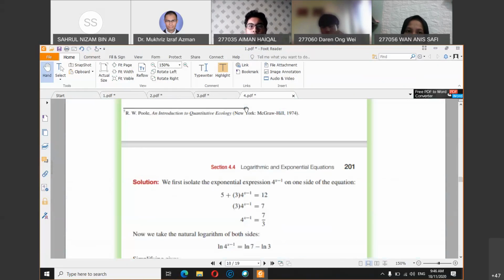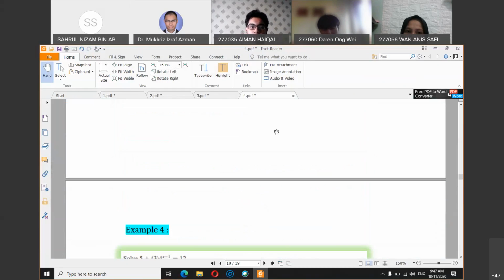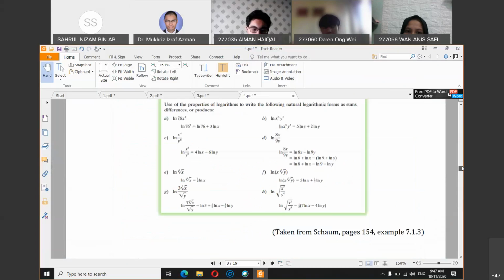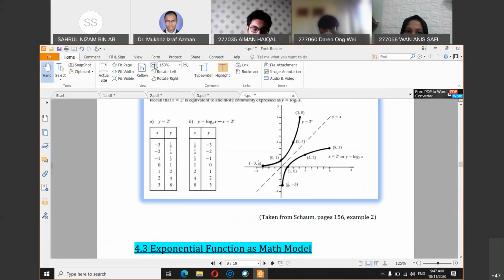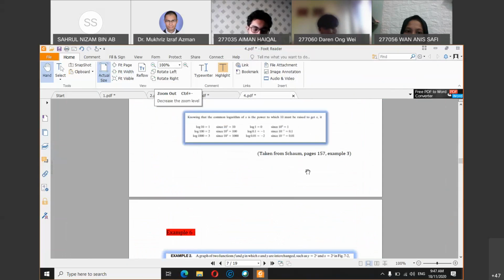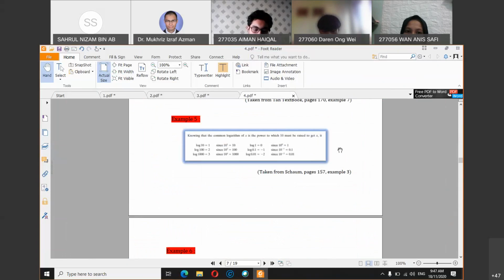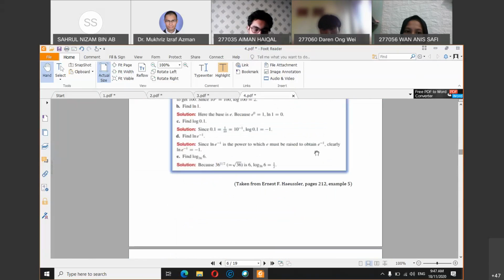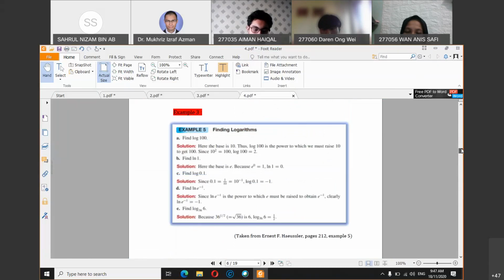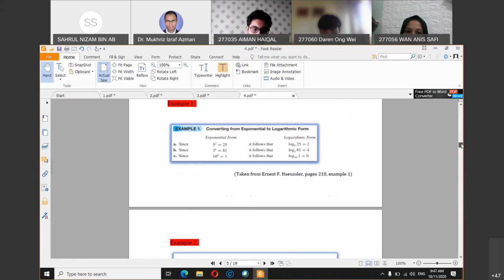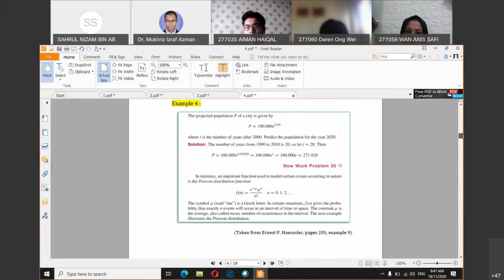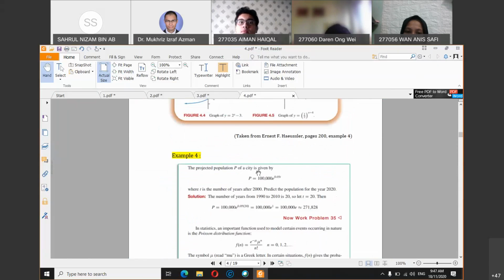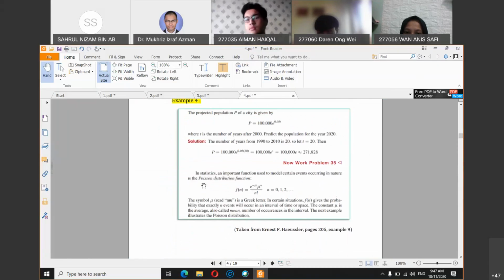Except, if you copy and paste the questions, they look strange. When you stretch that image, the writing becomes blurry and not clear. So I advise you to type the questions, because it will look much more presentable. For certain textbooks like Hausler, when you copy and paste, it looks very nice.